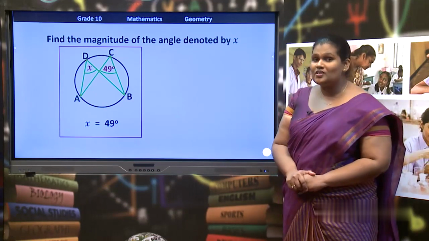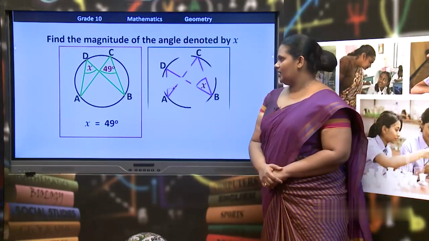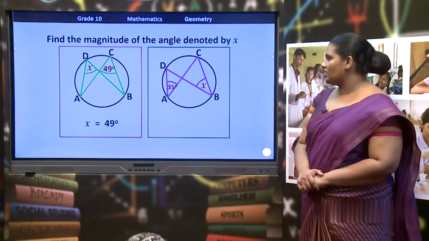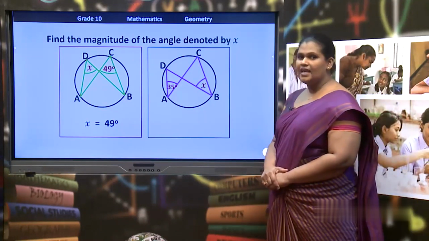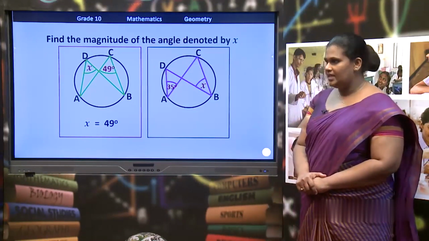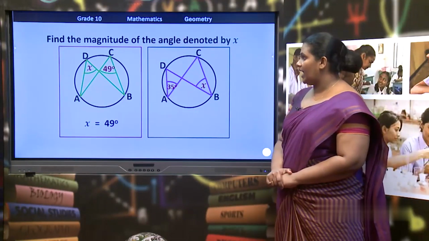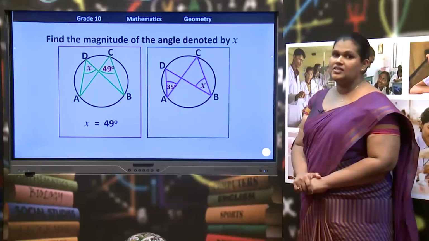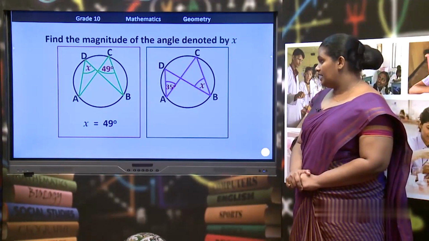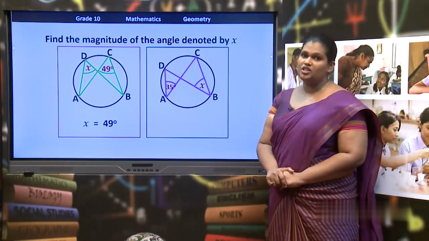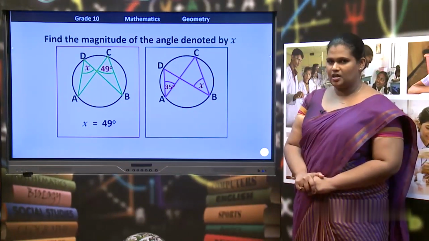One more question related to the same theorem. Here also we have got a circle. We have marked 4 points on the circle, A, B, C and D. And we can observe the magnitude of the angle DAC is 35 degrees and the magnitude of the angle DBC is mentioned as X. So, we have to find the magnitude of X now.